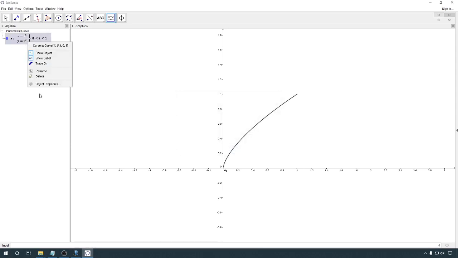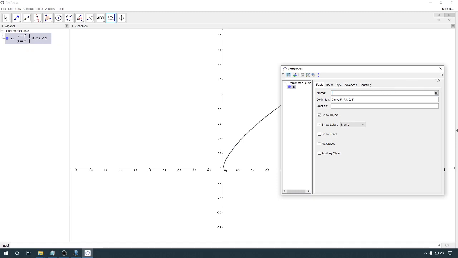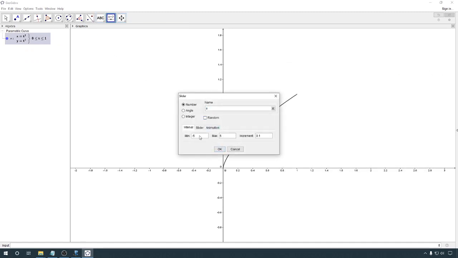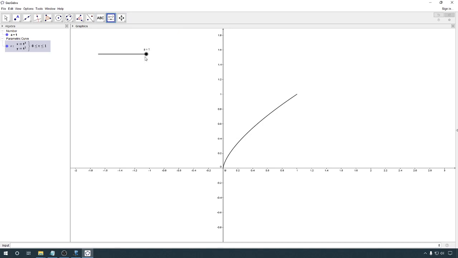Actually, I'm going to change the name of this to R, and make a slider from 0 to 1. I'm going to plot a point on my curve. So R of A is a point that moves along my curve.